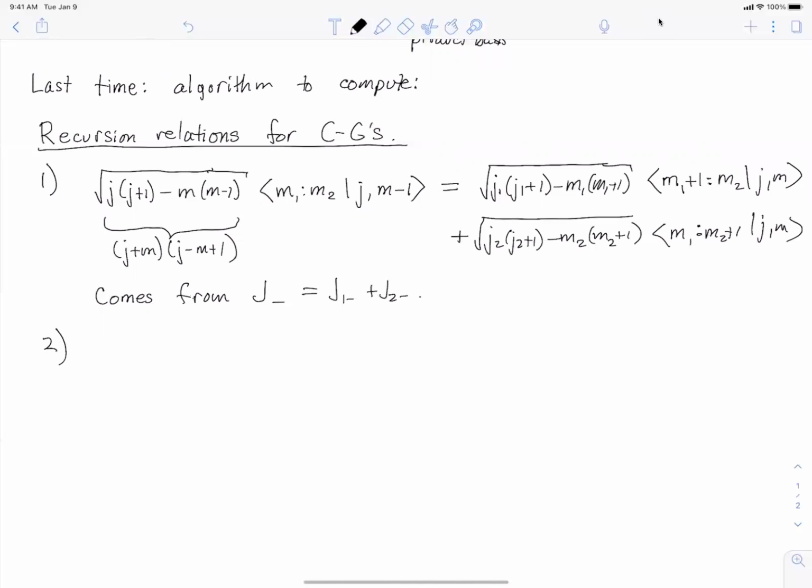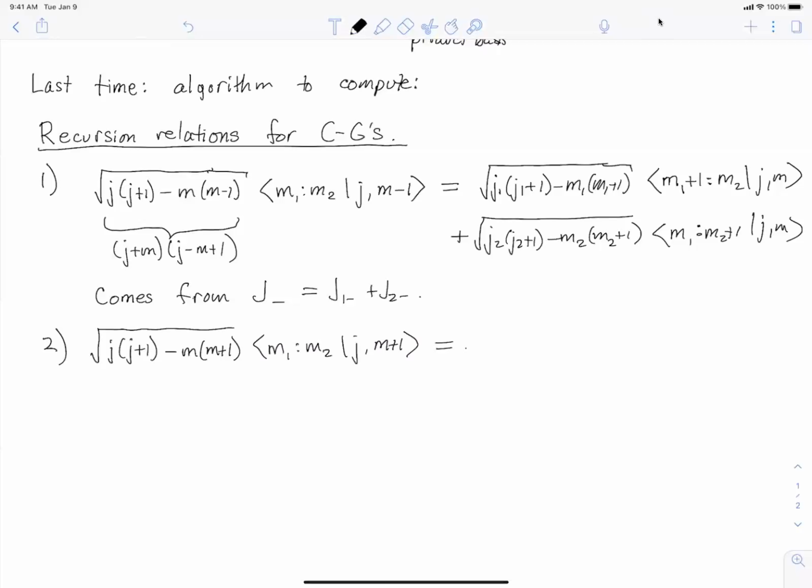So that's one recursion relation, and then there's a different one that we didn't use because we didn't need it for our algorithm. But we could have instead organized the whole algorithm around this one. Now instead of lowering the M value, we're going to raise the M value.